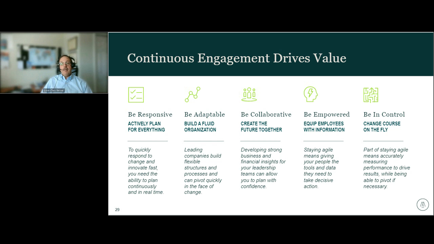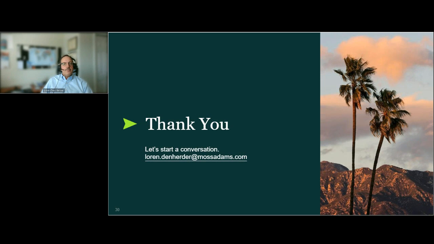When you have that kind of information, then you're in control. And so this is the kind of thing that your automated planning, rolling forecast, decision-making support, being agile can really drive to. So really appreciate the time that you spent with us here today. We're here to help, and so we'd love to start a conversation if this is applicable to you. Thank you so much for your time.